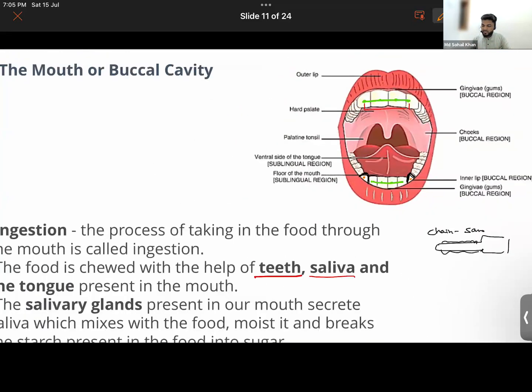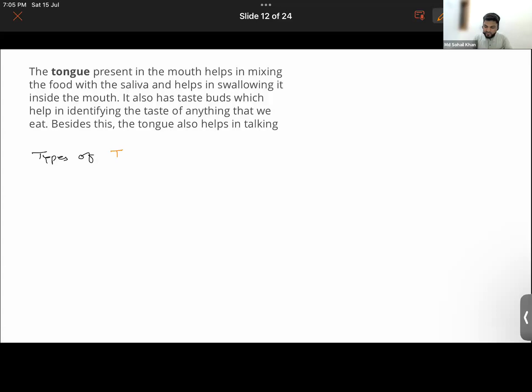Okay. So the types of teeth in this one. First one we saw is milk teeth. That basically falls off when the child reaches the age of 6 to 8 years. It's a temporary teeth, right?